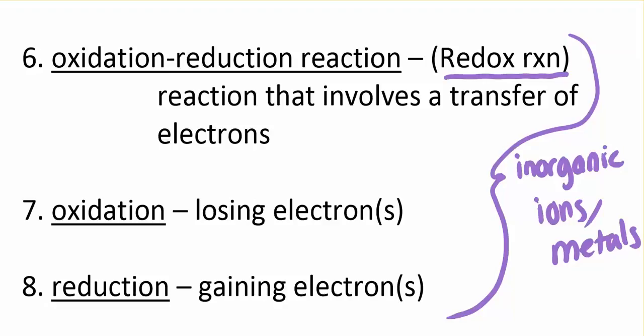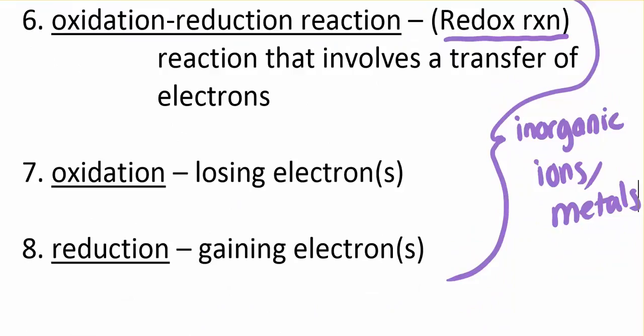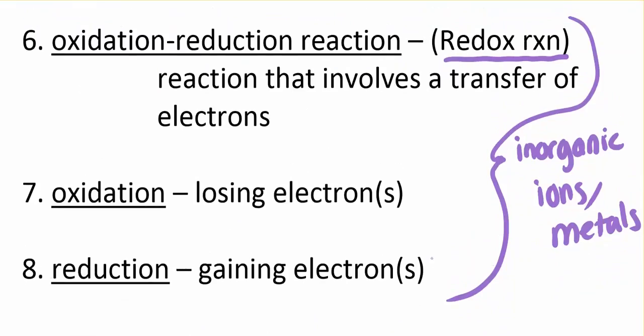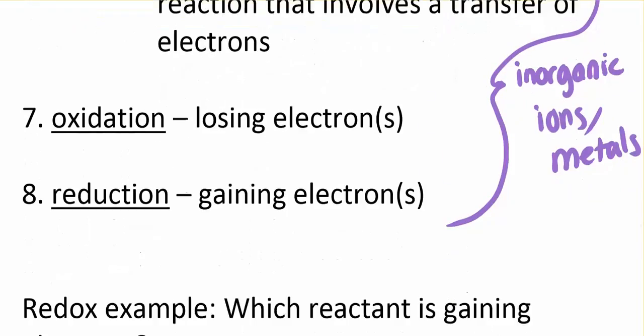In the inorganic type, oxidation means losing electrons and reduction means gaining electrons. These two reactions occur together, oxidation and reduction. And in fact, it's really one chemical reaction. What's really happening is that one reactant is giving electrons to the other reactant.